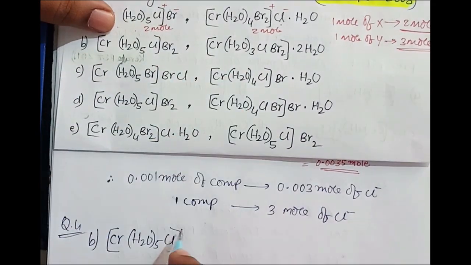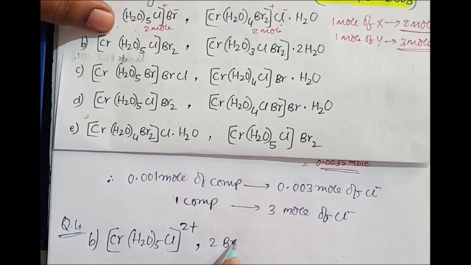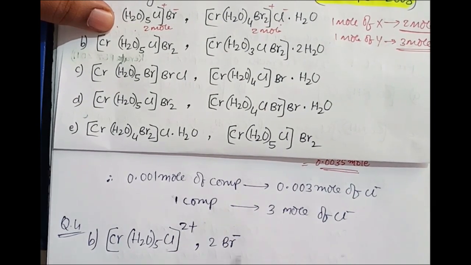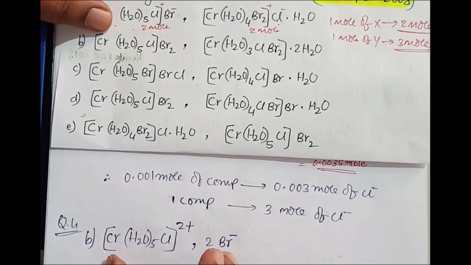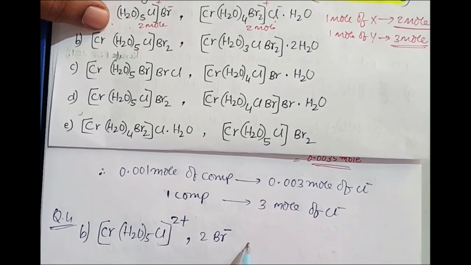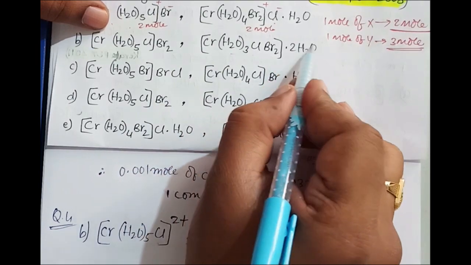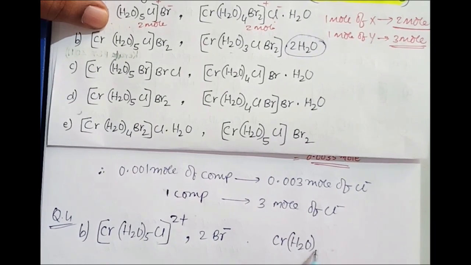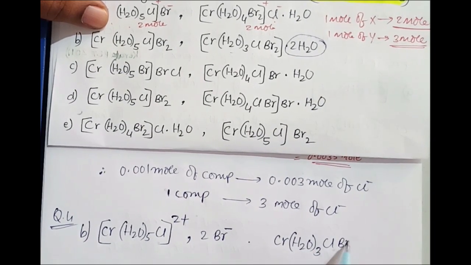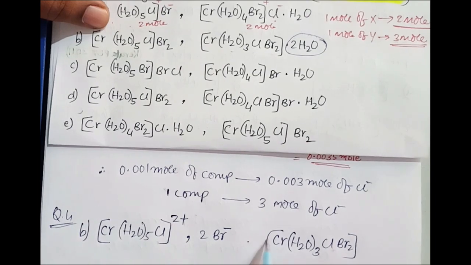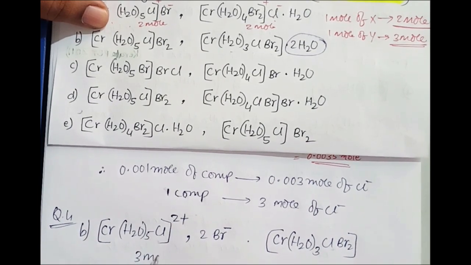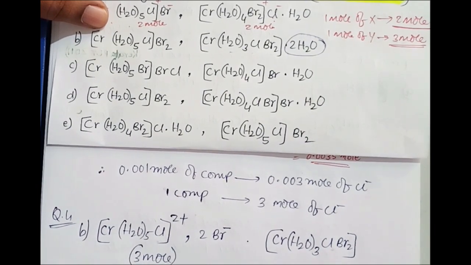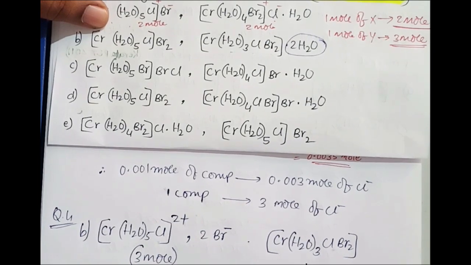The 2 bromide ions separate, so a 2 plus charge comes on the complex and 2 Br minus separate. So totally 3 moles of ions. And the next one, there is no charge, so only the complex remains as it is, [Cr(H2O)3ClBr2].